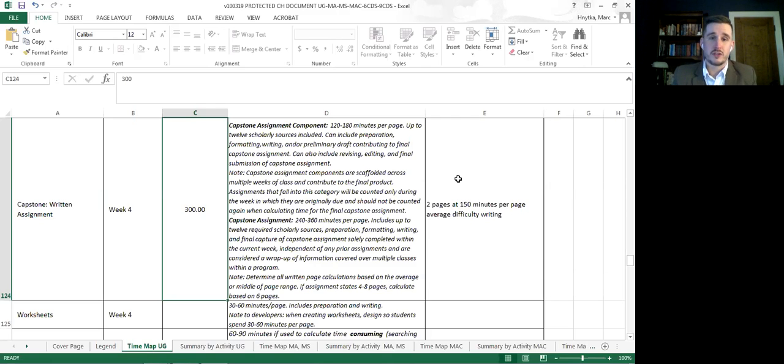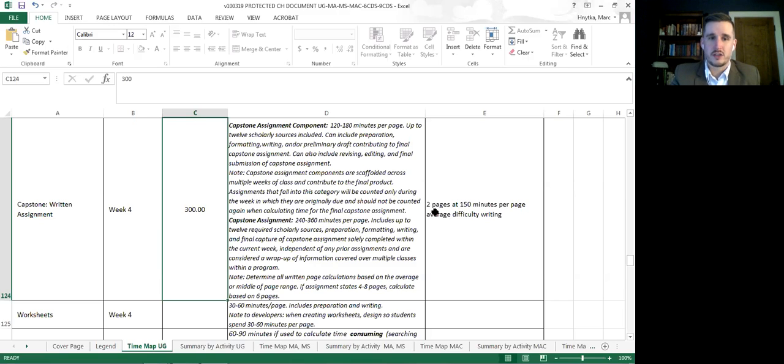If you're using less than 12 scholarly sources, you might go to the lower end of the 120 to 180 minute range. In this case, we encourage you to go with the middle value, the average, unless you have a strong case to go up or down.